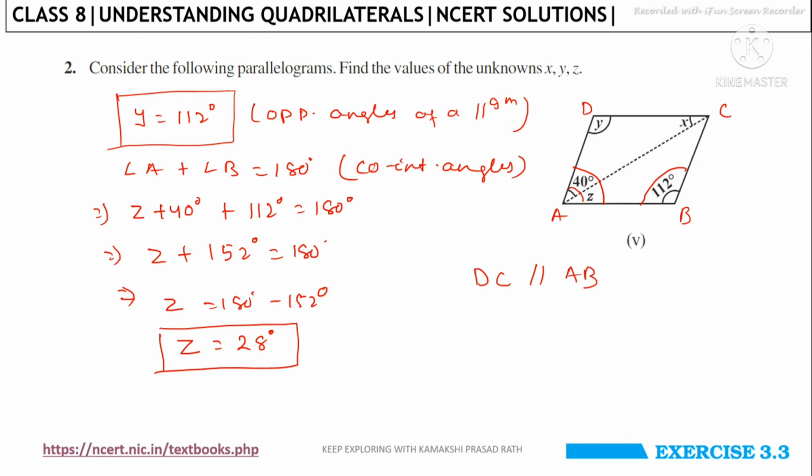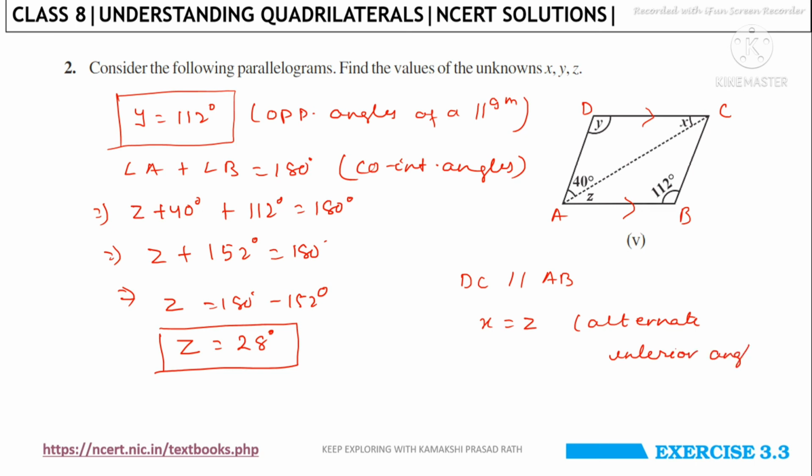Since DC is parallel to AB and AC is the transversal, hence we can say X equals Z because they form alternate interior angles.